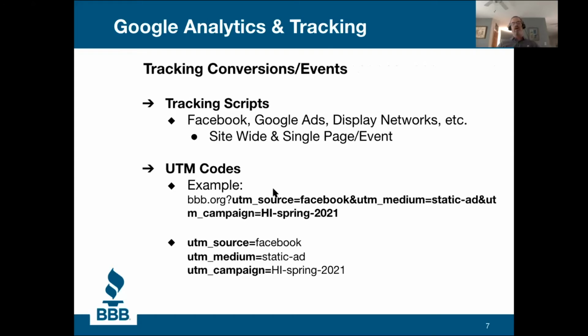Moving on to the next topic. Okay, so we have our goals, we have our KPIs, we have our team that's going to be executing these campaigns. Now we need to determine, are they working? Are we getting the result that we anticipated from them? This is really the idea around tracking of conversions and events.